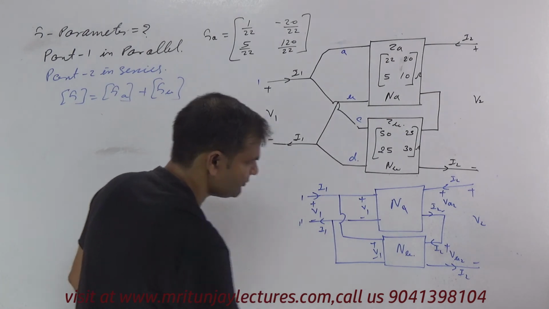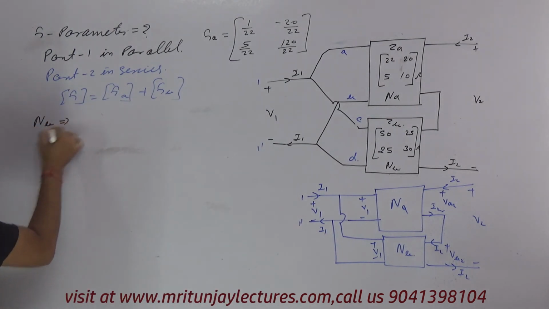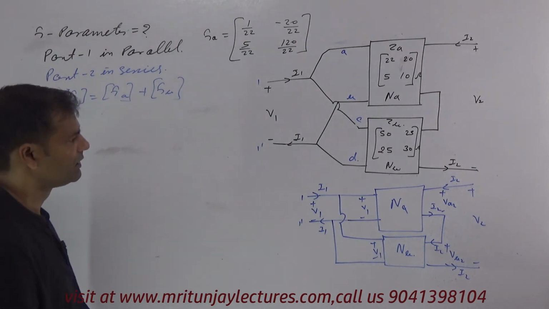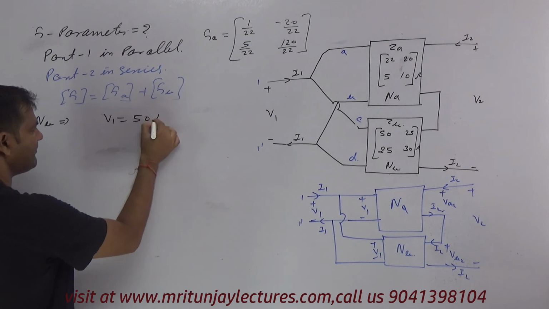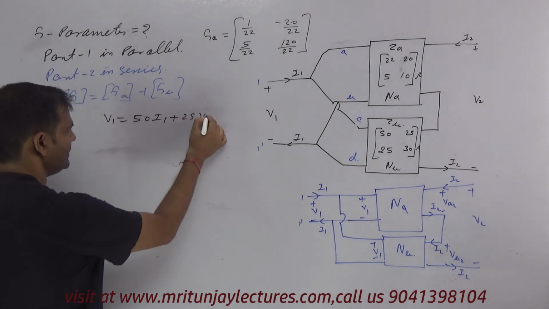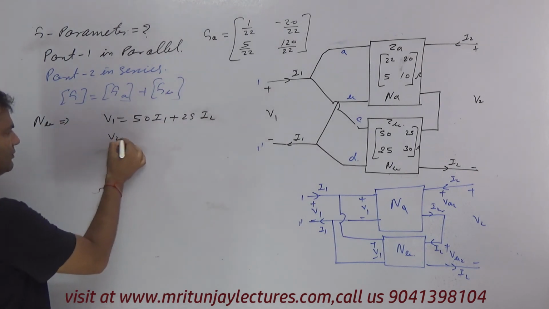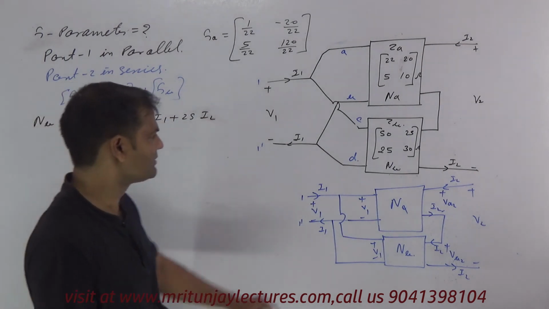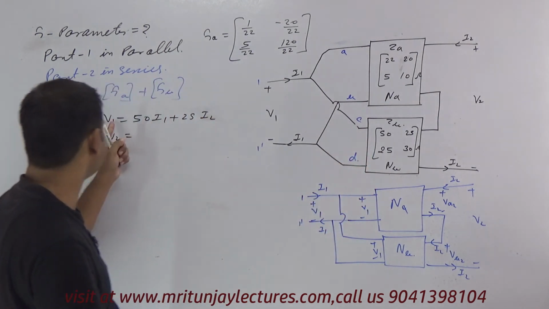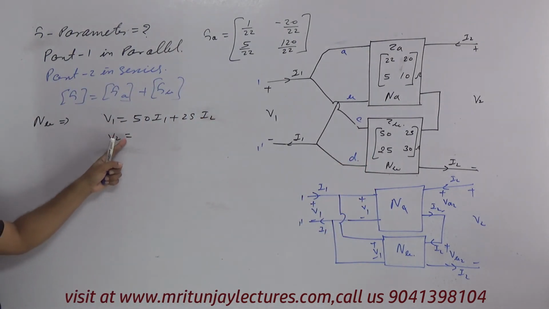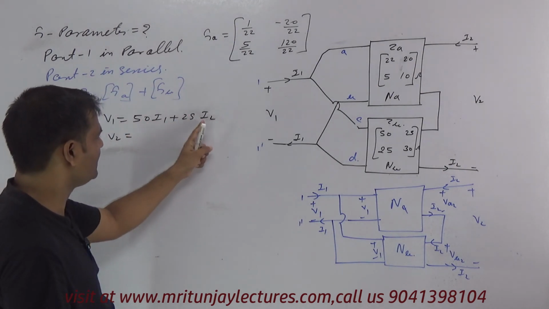Now corresponding to network NB, V1 is written as 50 I1 plus 25 I2, and V2 sometimes you can also write as V1B. Okay, this one is V1B, V2B, and this one is I1B, I2B.